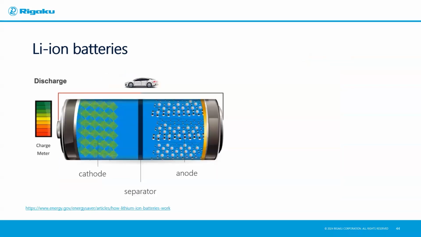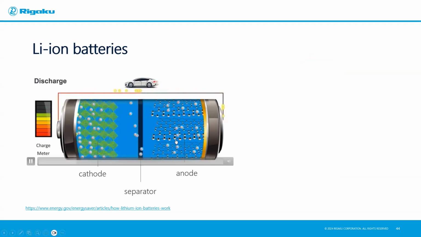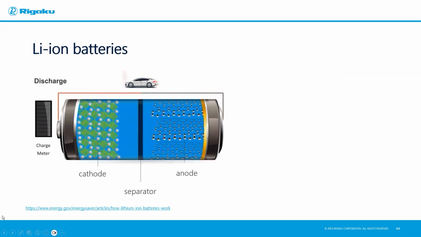So let's talk about these batteries for just a little bit. So it turns out that the anode and cathode are separated by a polymer film, and this battery is filled with a liquid or gel electrolyte. And when you use the battery, it's discharged, it releases lithium, and those ions they can travel over to the cathode.